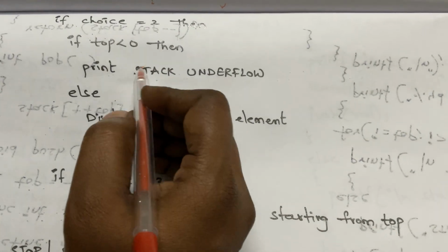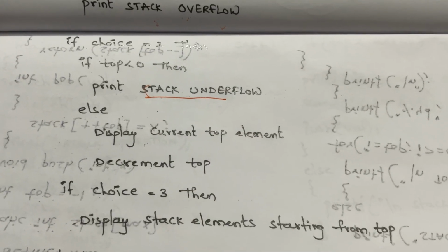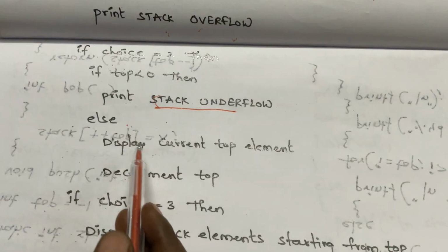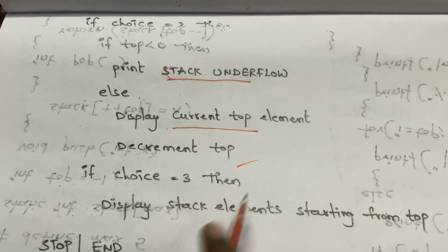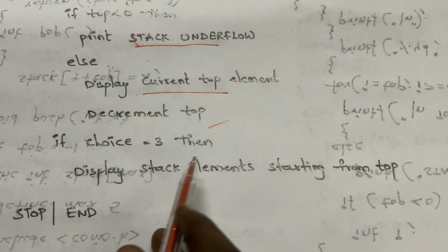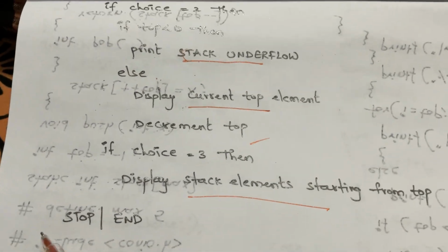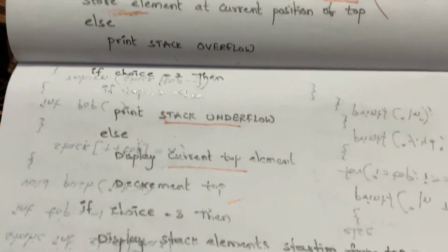If it is less than 0, what does it indicate? It's underflow: no elements, it is empty. If it is not, then you can display the current top element, and then we decrement the top. Next, if choice is equal to 3, then display the stack elements starting from the top. Then the stop, or end, is the ending of the algorithm. So this is the complete algorithm.